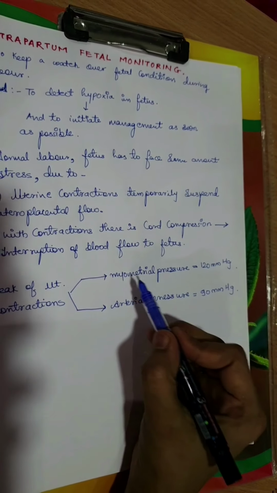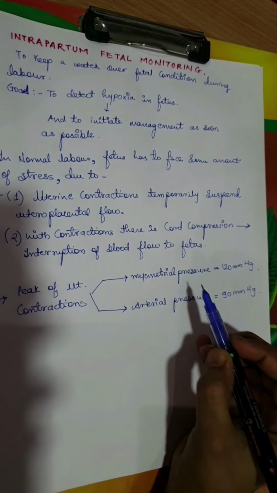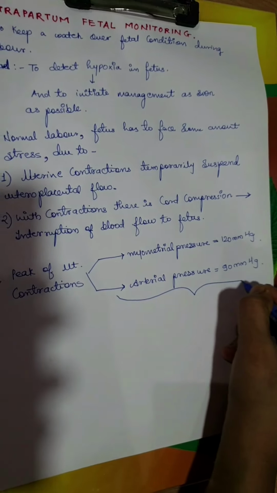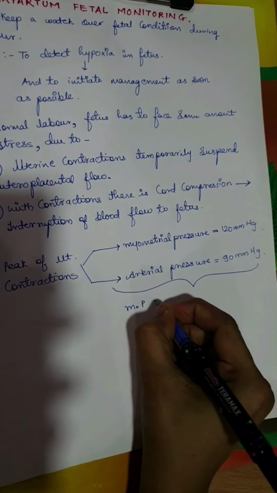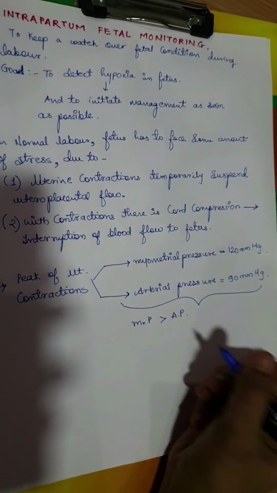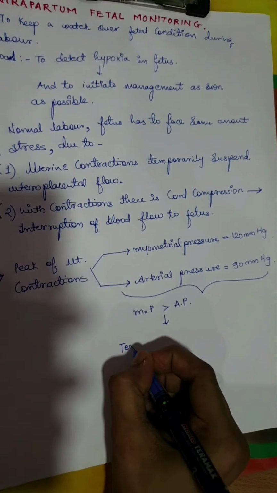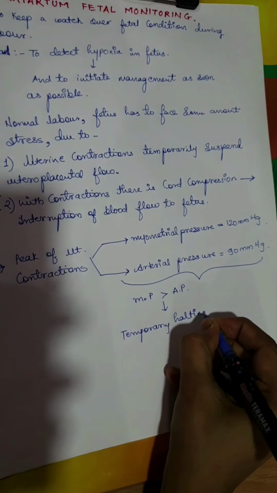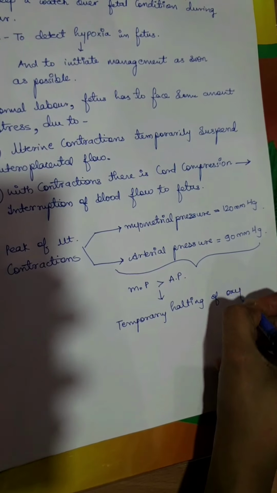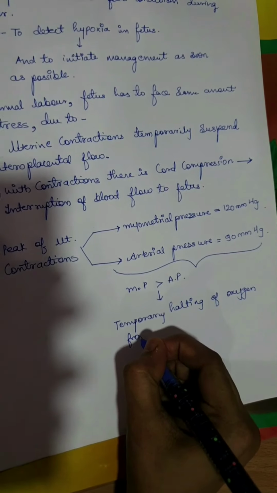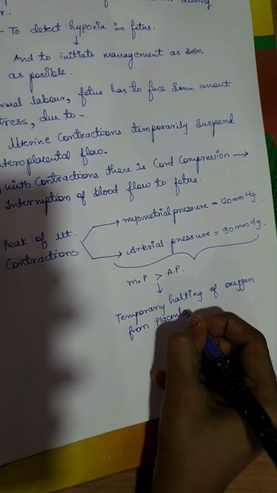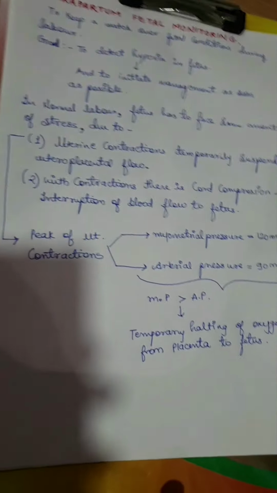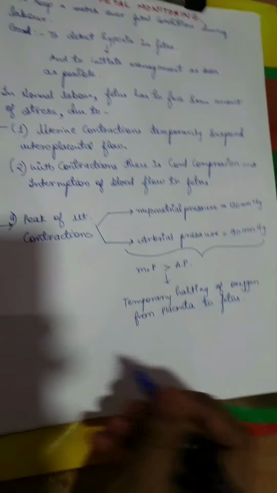So we can see the myometrial pressure is greater than the arterial pressure. So this leads to temporary halting of oxygen from the placenta towards the fetus. This occurs in the peak of contractions.